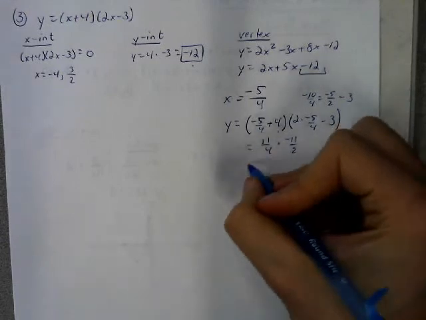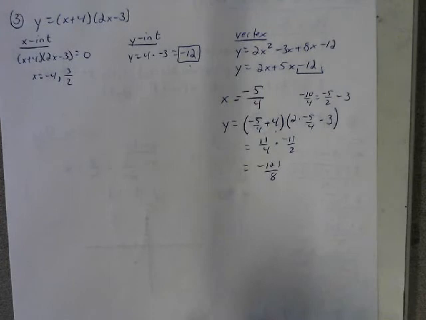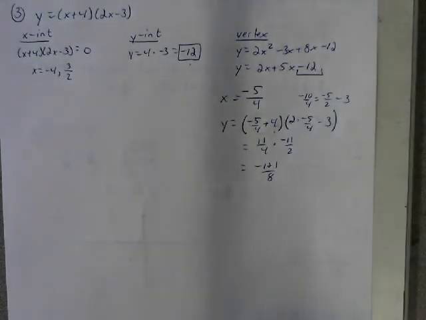If we multiply them together, the y value is negative 121 over 8, which is approximately somewhere in the 13-14 range in the negatives.